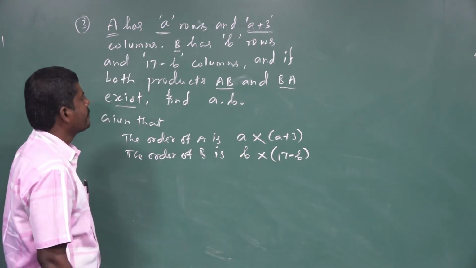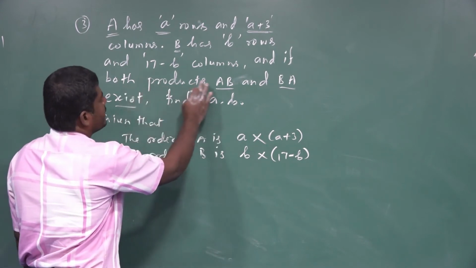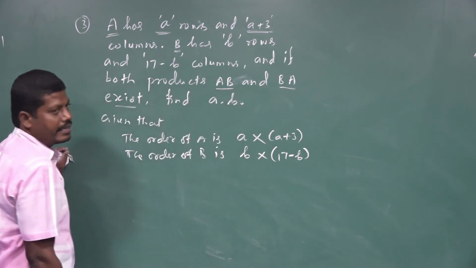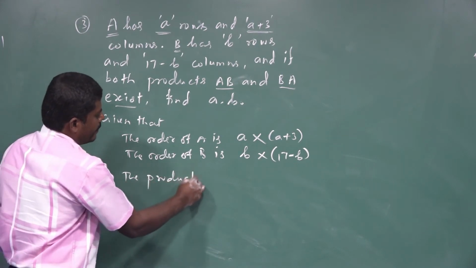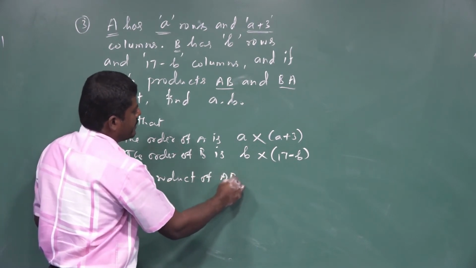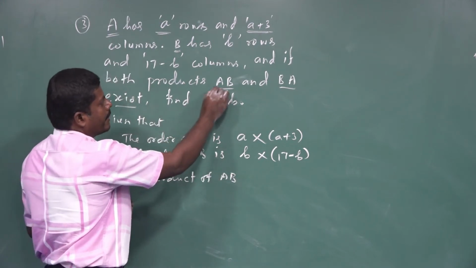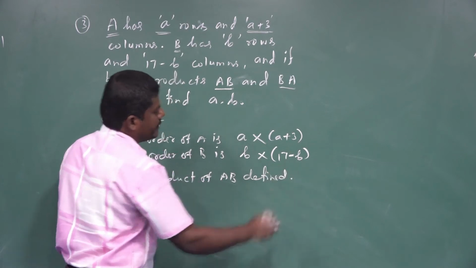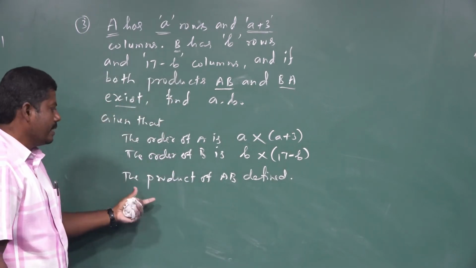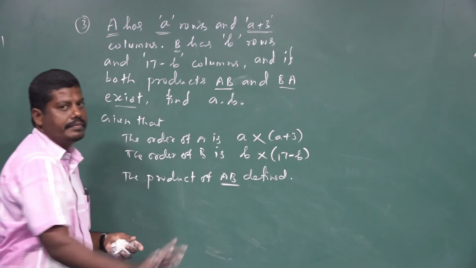Both are given. And the product of AB exists, or is defined. This is given. The product of AB exists.